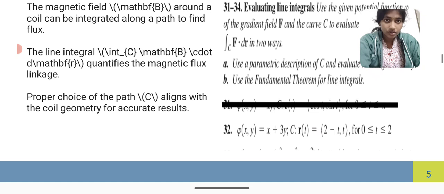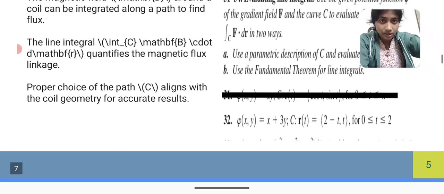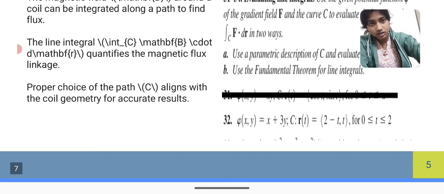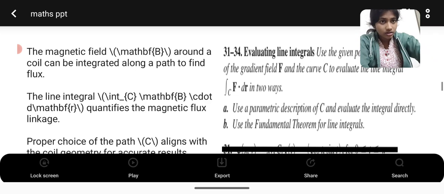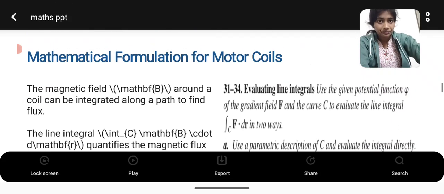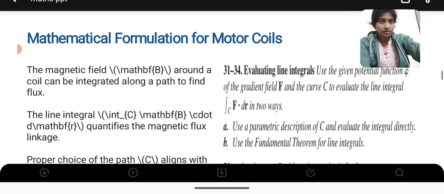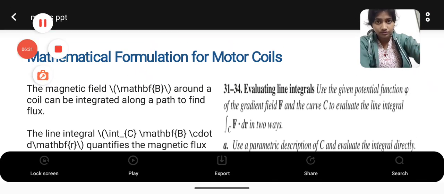Proper choice of path aligned with the coil geometry is needed for accurate results. This is the relevant image for the mathematical formulation for motor coil.